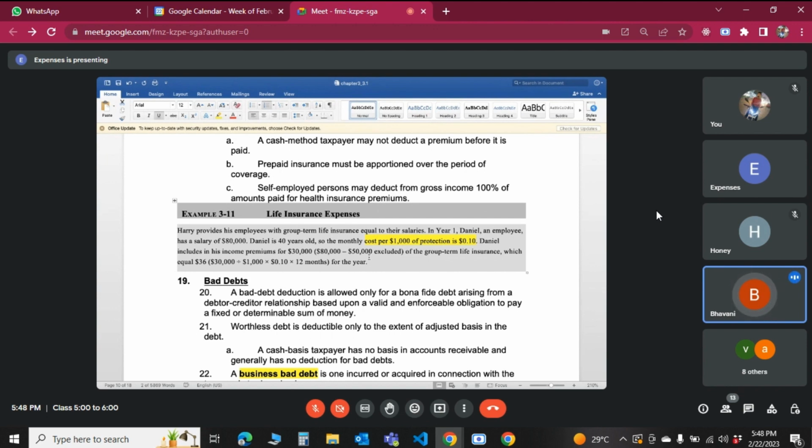So the monthly cost per $1,000 of protection is $0.10. Daniel includes in his income premiums for $30,000, that is $80,000 minus $50,000 excluded, of the group term life insurance, which equal to $36, that is $30,000 divided by 1,000 times $0.10 times 12 months for the year.